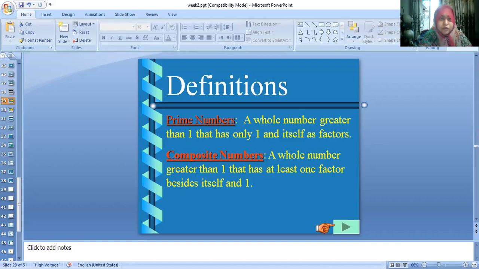Let me show you that page. It is Practice Now 1 on page number 6.